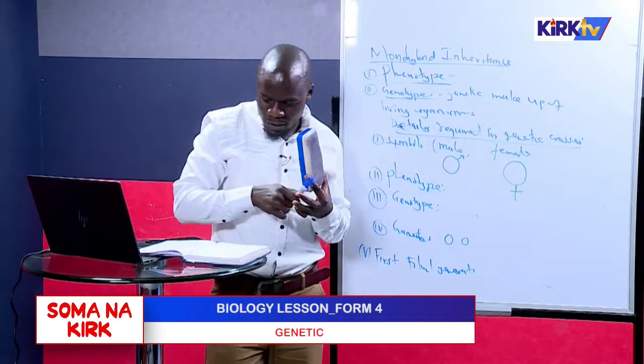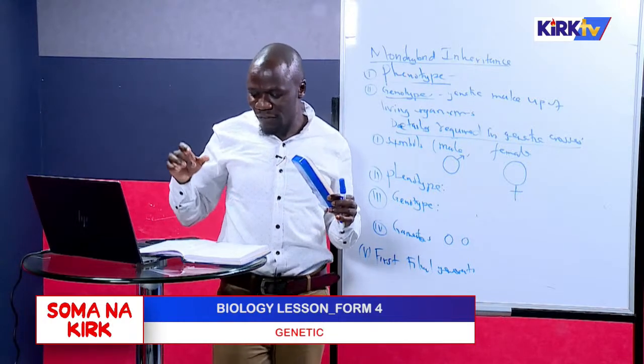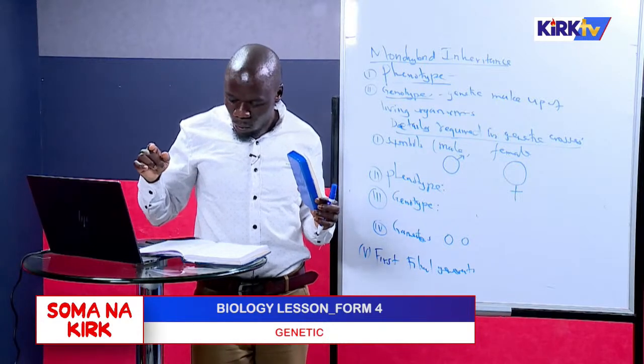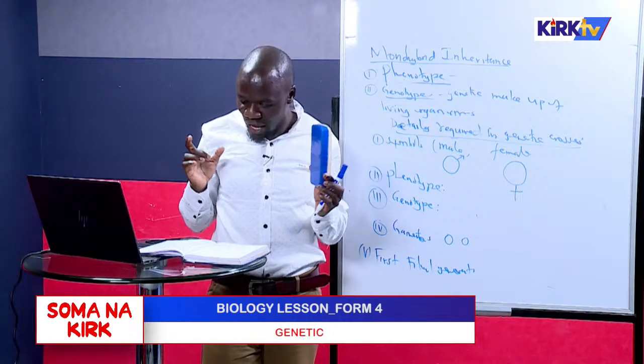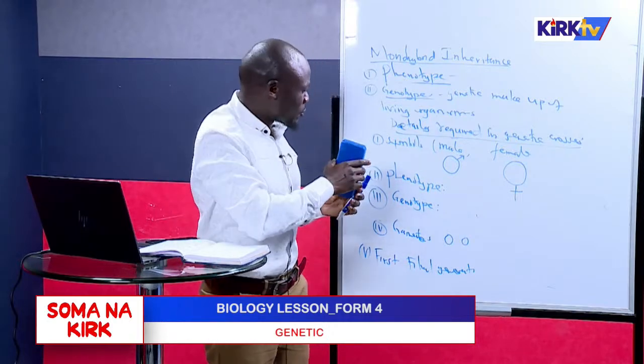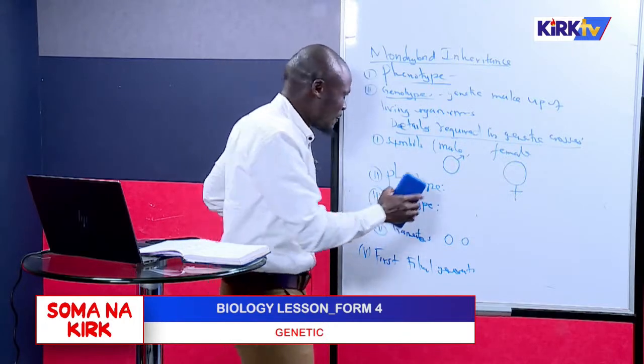So from here, if you are listening keenly, we've been told that we have a garden pea. One has red flowers and another has yellow flowers. So we have two types of plants, but with different flowers.